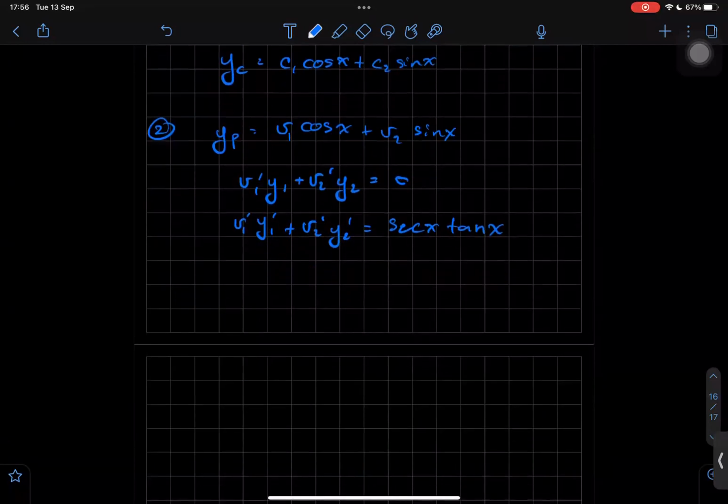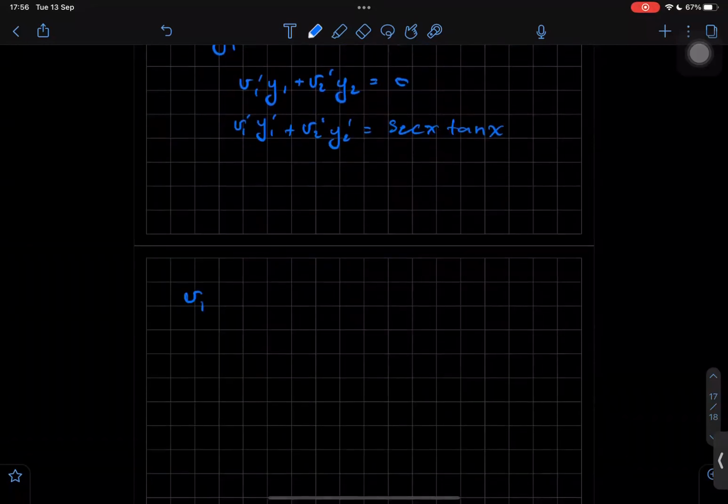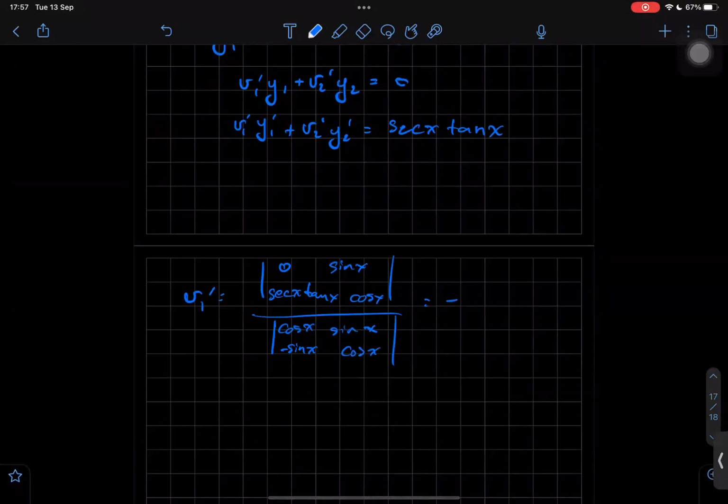So if I want to find v1 prime, I can use a matrix, and that equals minus tan squared x.